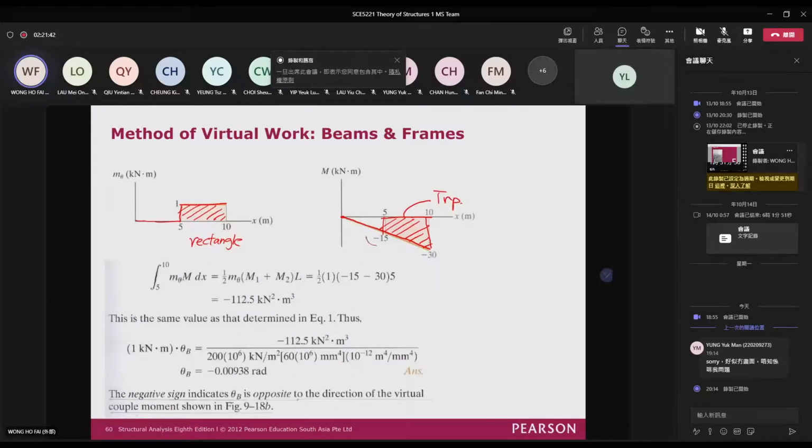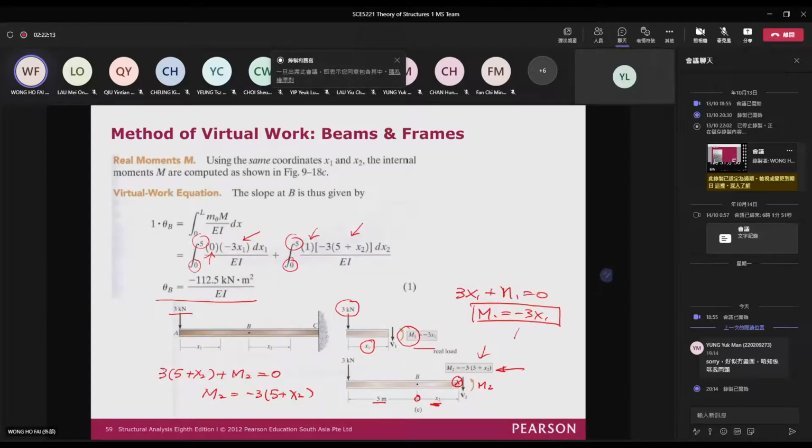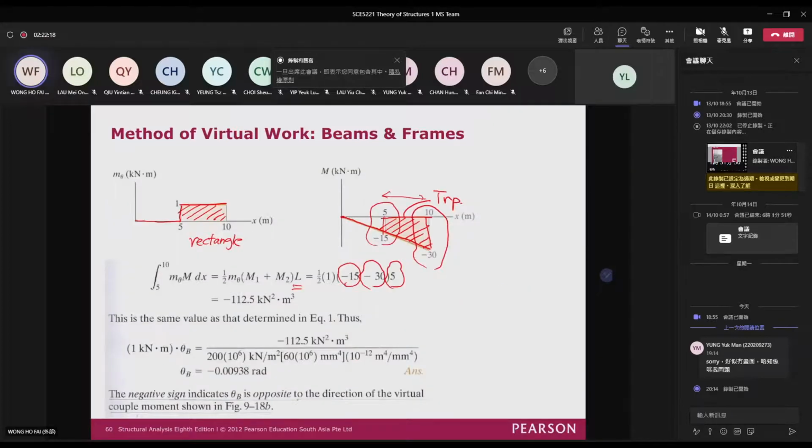So you have here is equal to -15, and here is equal to -30, and then times the distance of 5. This is the L. So actually this integration can be done by using the so-called integration table. But of course, you can do it by using the traditional integration.